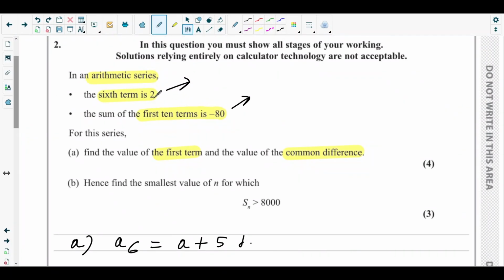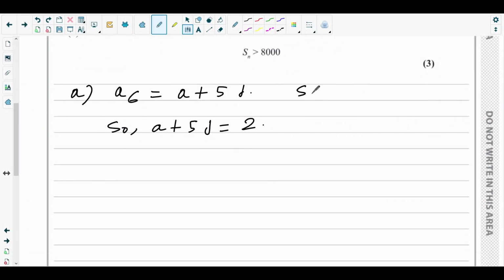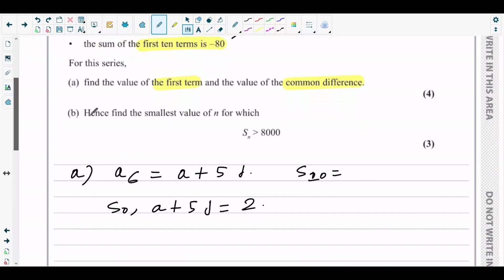And secondly, they said the sum of the first 10 terms. Okay, so the formula for S of 10 is basically n over 2, so 10 over 2, that would give you 5, times twice a plus n minus 1 times d. So n is 10, 10 minus 1 is 9, so 9d. This is the formula for S of 10.